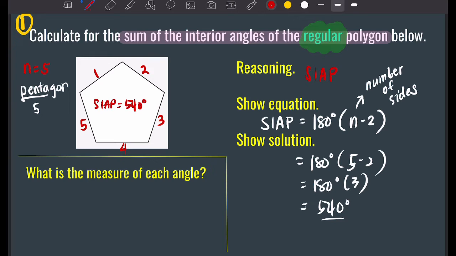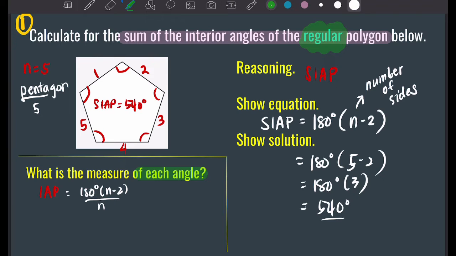The next question is asking, what is the measure of each angle? Now we're looking at the measure of each interior angle. For this, we need the interior angles of a polygon formula, IAP, equal to 180 (n minus 2) over n.